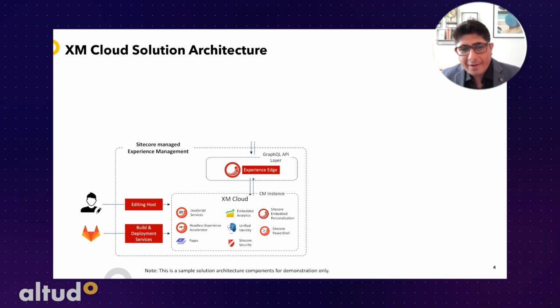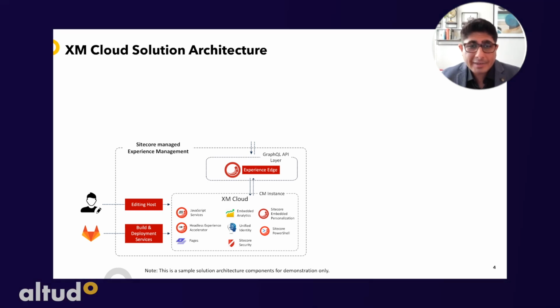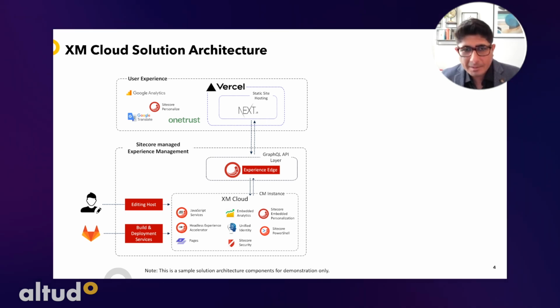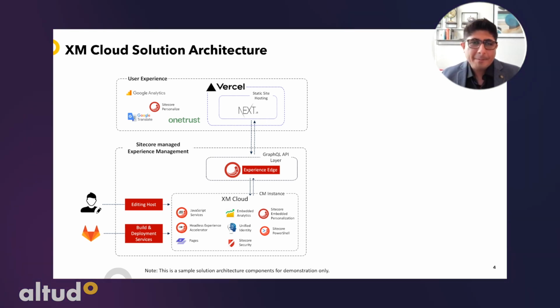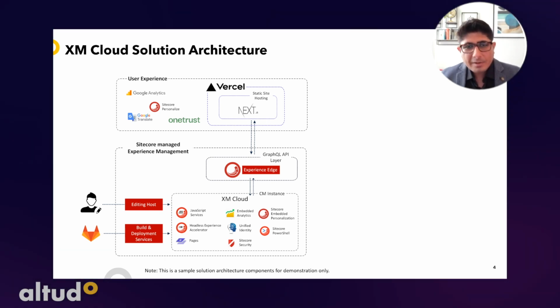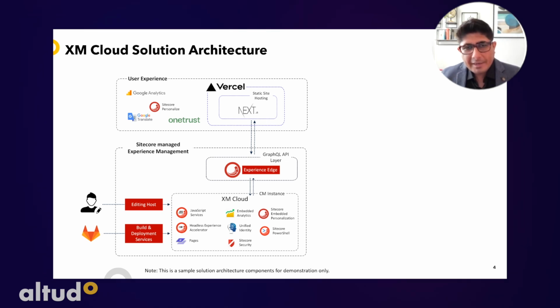Now, as we don't have a content delivery server, what we have is a headless architecture, and the user experience side we are going to be building on MrTev. So the content is stored in XM Cloud. We have GraphQL APIs which are interacting with XM Cloud, and then on top of this, the front-end layer will be hosted as static site hosting on MrTev.